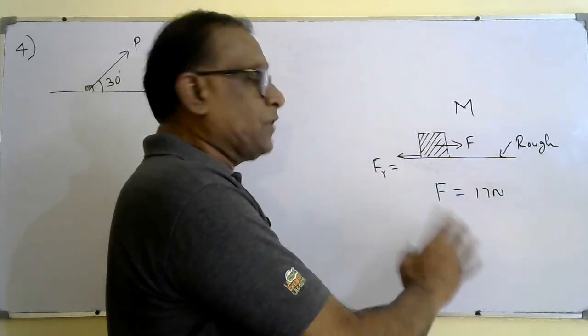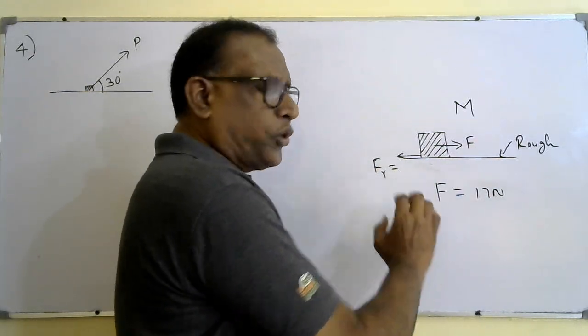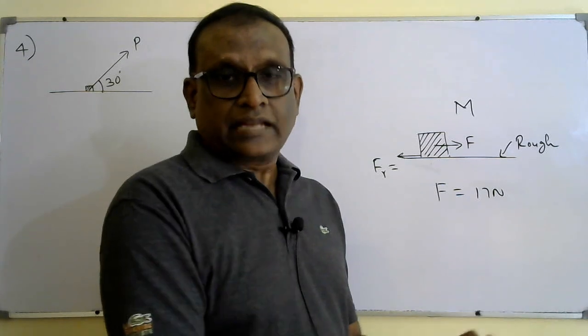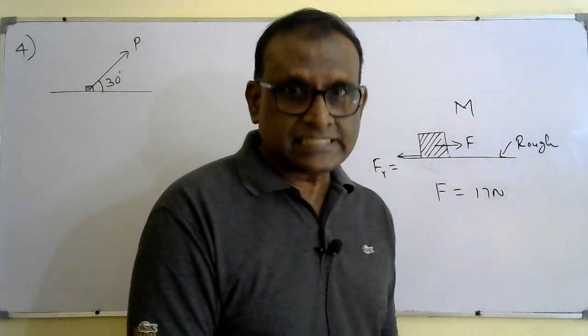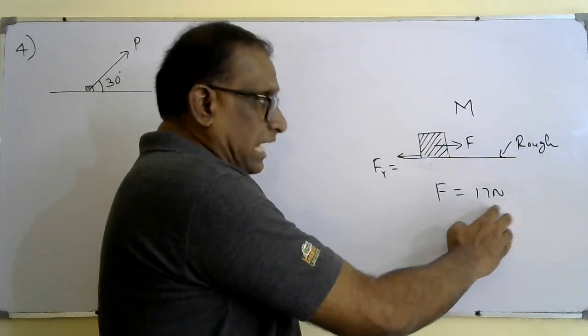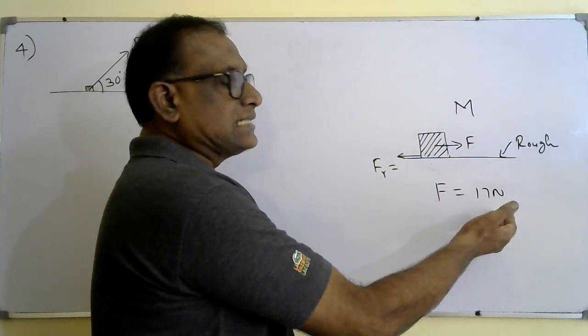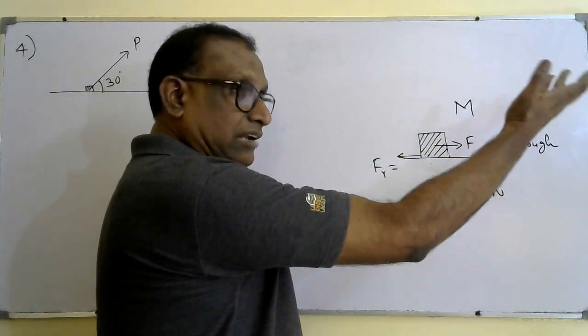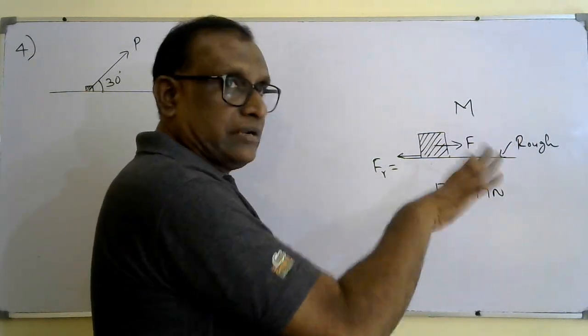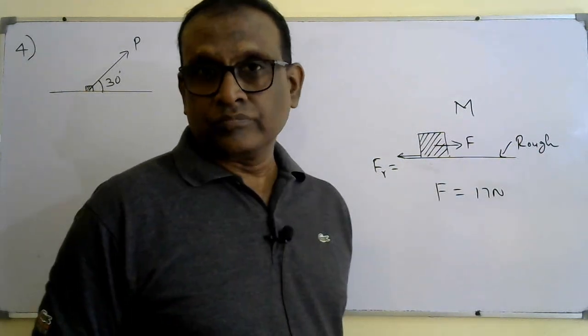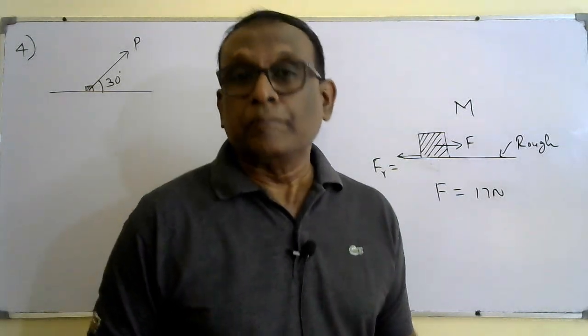So when you apply 17 Newton, the limiting friction has been reached, that is 17 Newton. If you apply slightly more, say 17.2 Newton, it will move, but the friction will remain at 17 Newton. That is the limiting friction, the maximum friction.